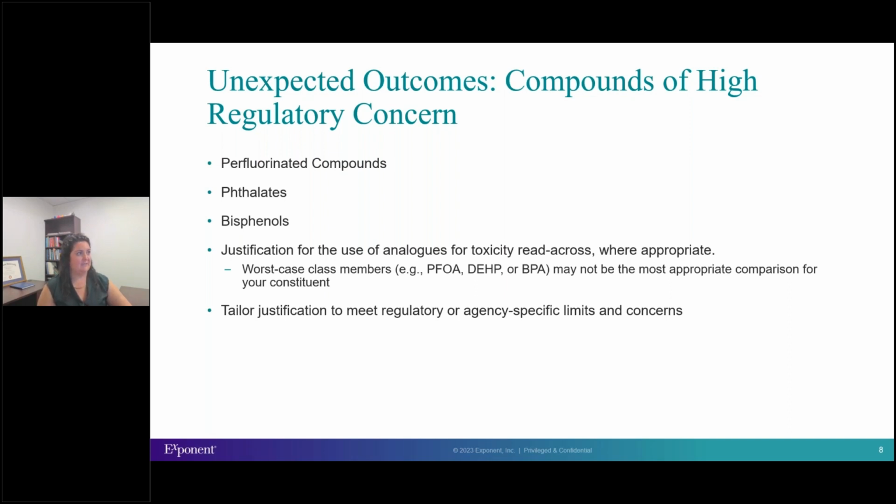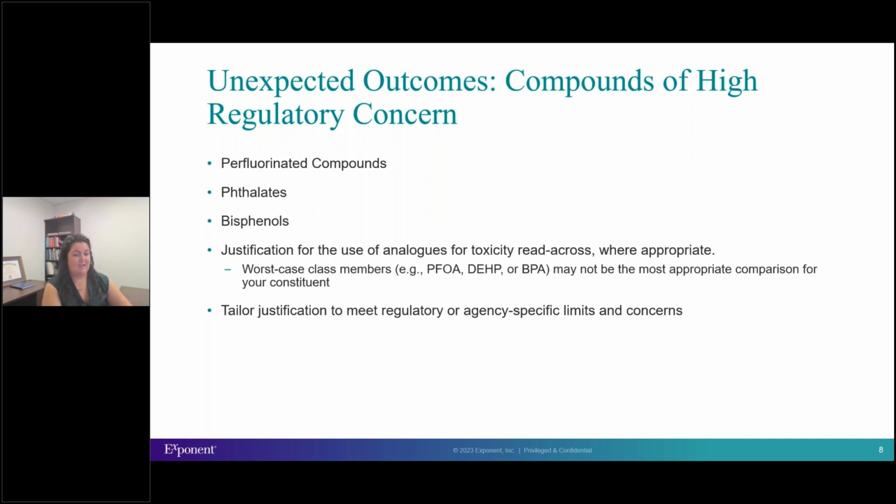So when we're dealing with a constituent that does not have toxicity data and belongs to this type of chemical class, we always address whether the worst case class member, so for perfluorinateds, PFOA, for phthalates, DEHP, or for bisphenols, BPA, is the most appropriate surrogate for toxicity read across. And if we've demonstrated that they're not the most appropriate, what we then do is identify a suitable surrogate and provide a robust justification for this decision.